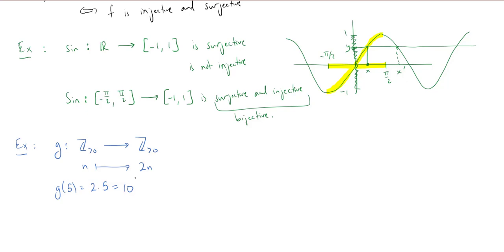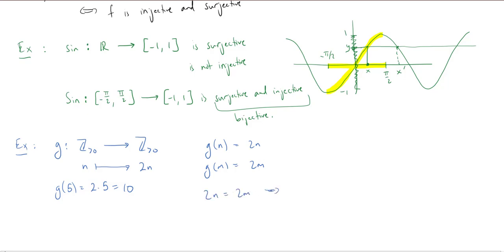Well, the injectivity is pretty easy to see. If I take two different numbers and double them, I get two different numbers, right? So if I take g of n, I get 2n. If I take g of m, I get 2m. Could these be equal to each other? Could 2n equal 2m?